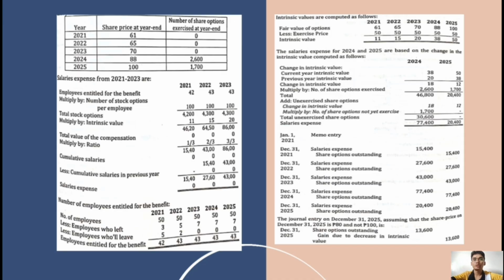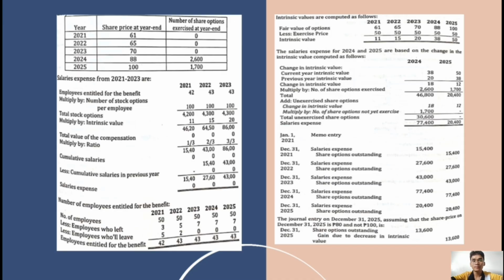Calculating the total value of compensation. The intrinsic value, the increase in share price, is multiplied by the total stock options. There is $11 in 2021, meaning it is multiplied by the total stock options.